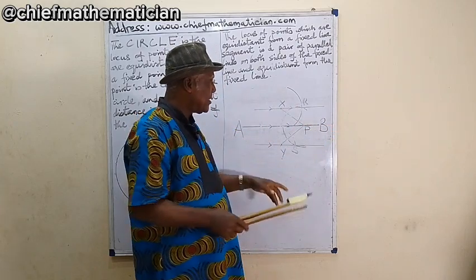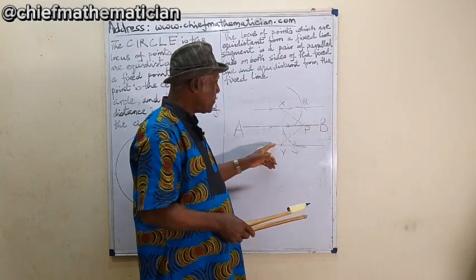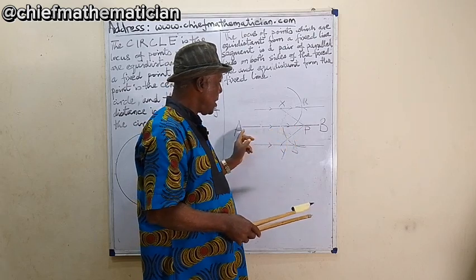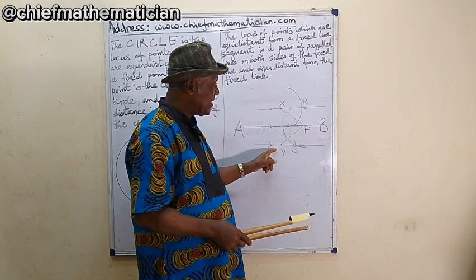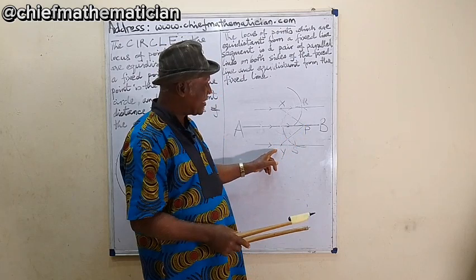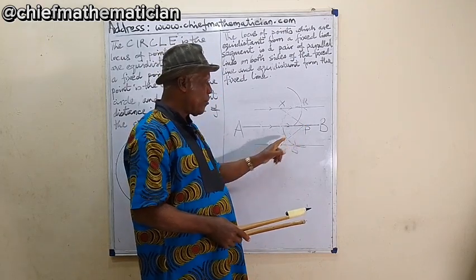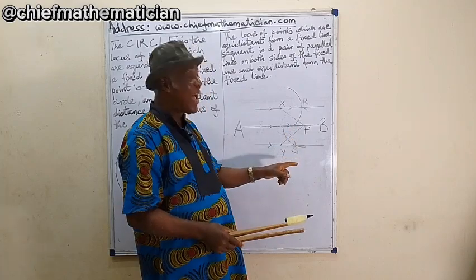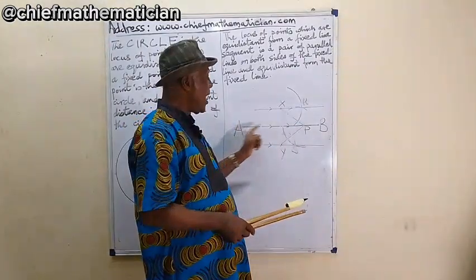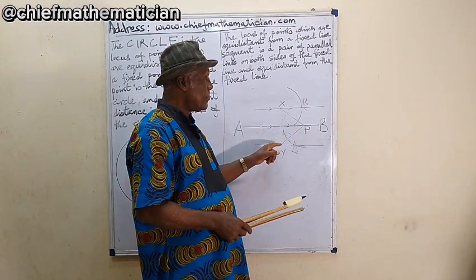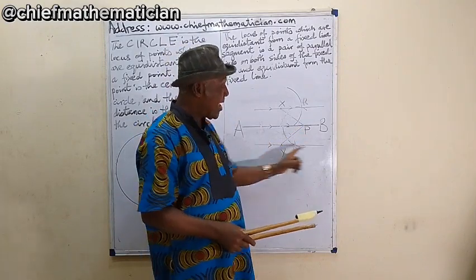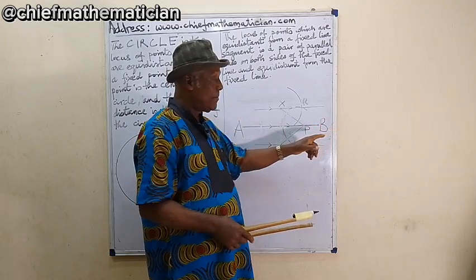Now, similarly, when you construct angle PYS equal and alternate to angle APY, it makes YS parallel to AB.